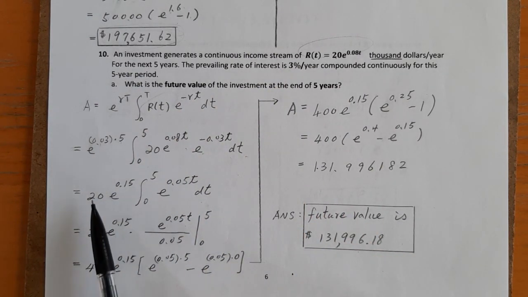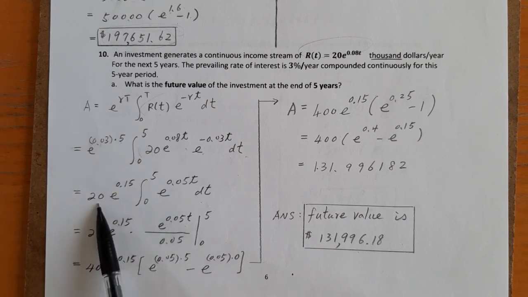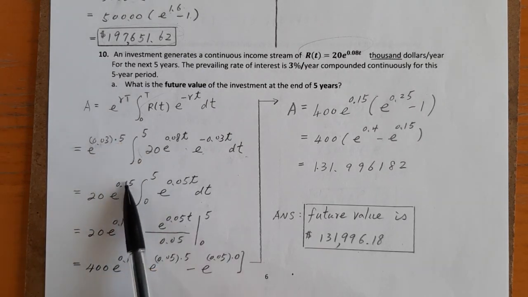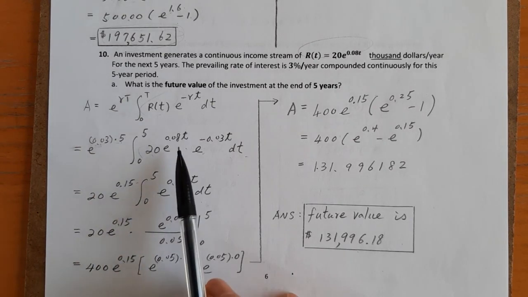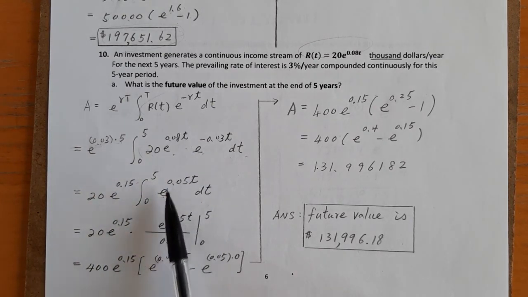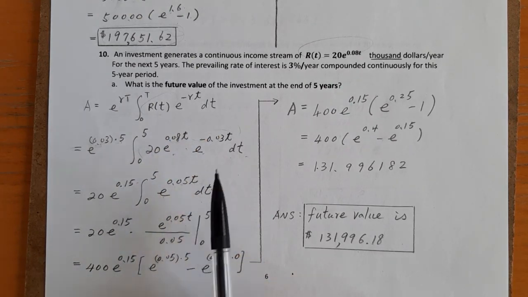Then factor out the 20. E to the power rT together is 0.15, integral 0 to 5. The two have the same base e, so add the exponents: e to the power 0.05t dt.